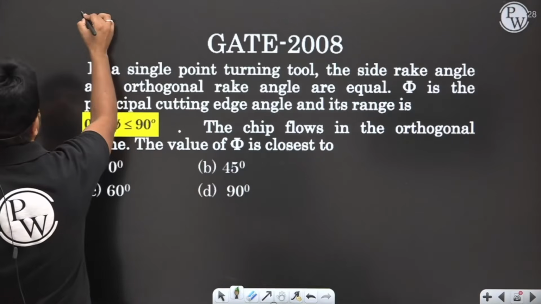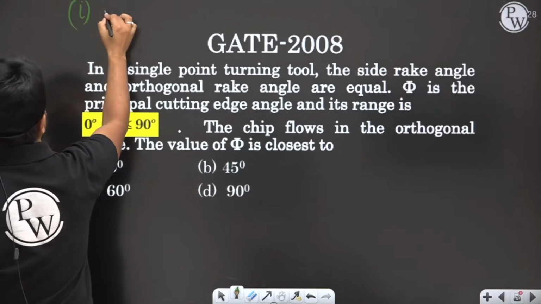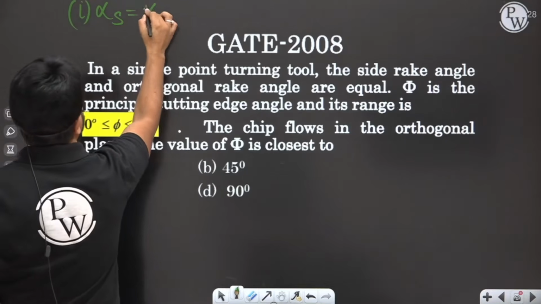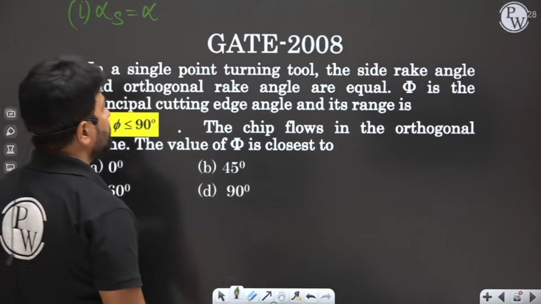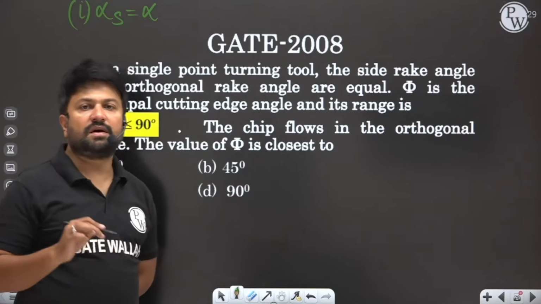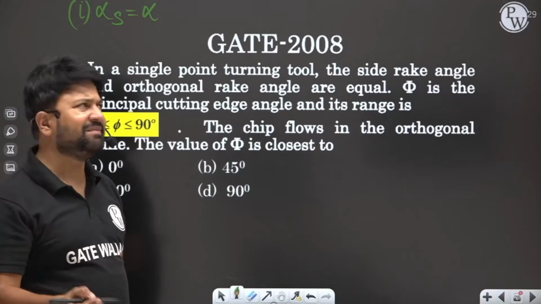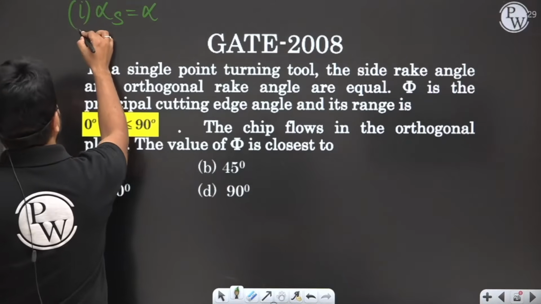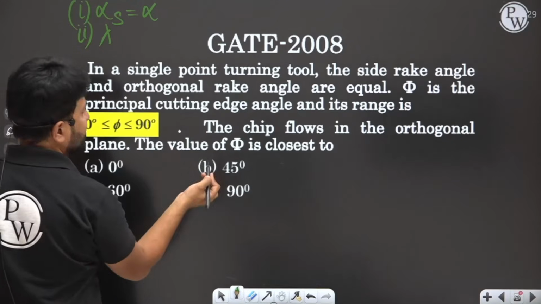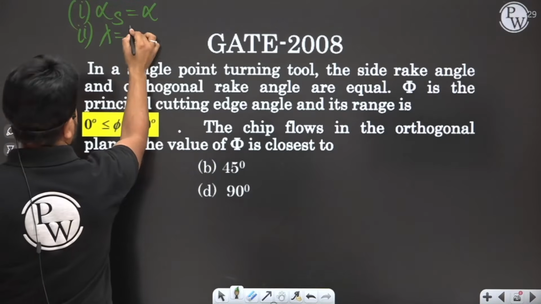That is condition number 1. Phi is the principal cutting edge angle, generally denoted by lambda, so I will take lambda as the principal cutting edge angle.